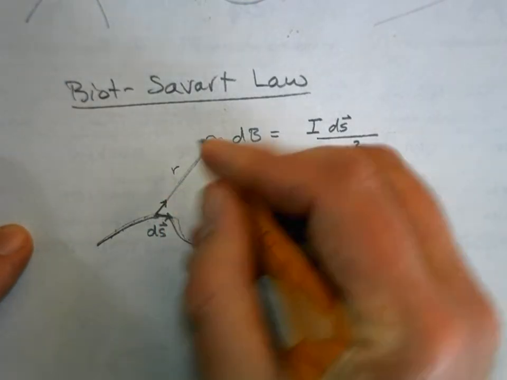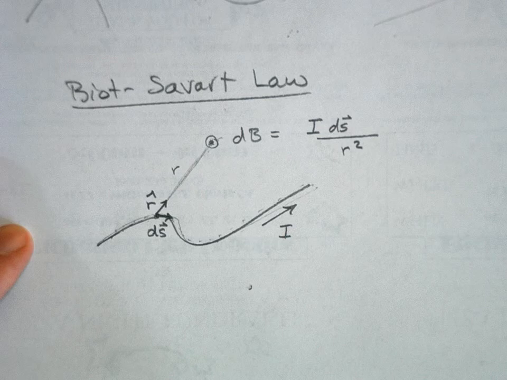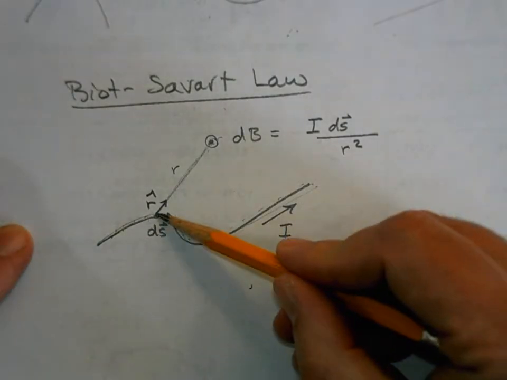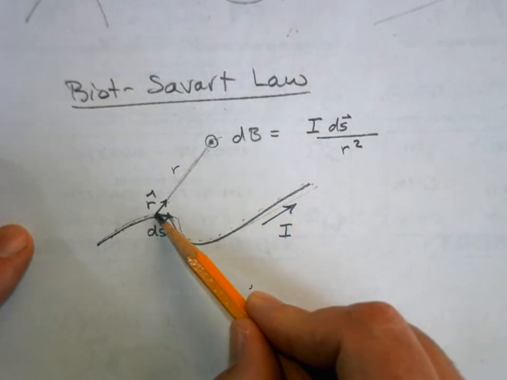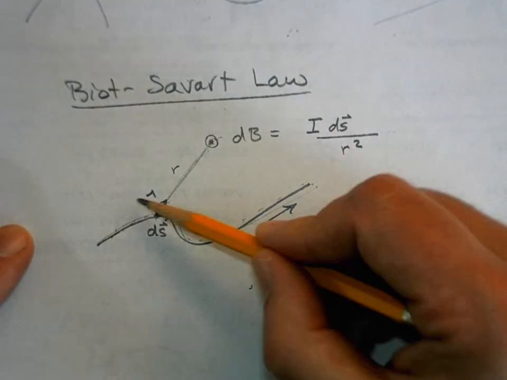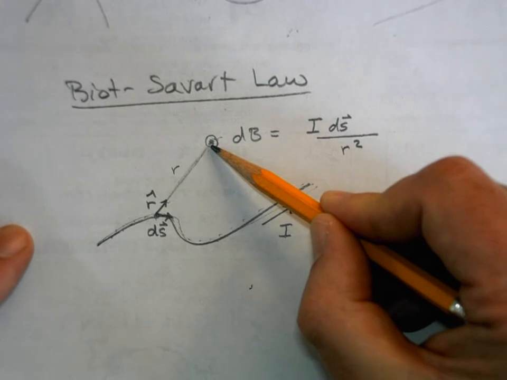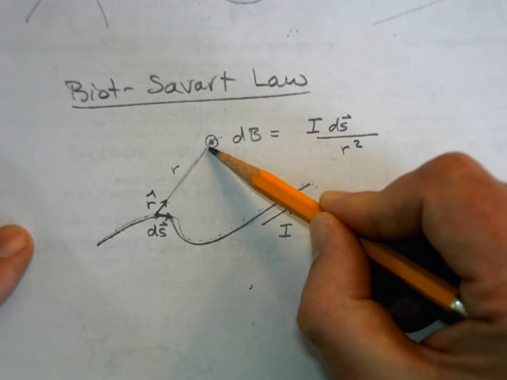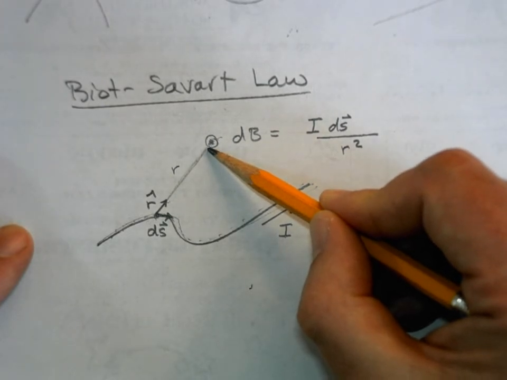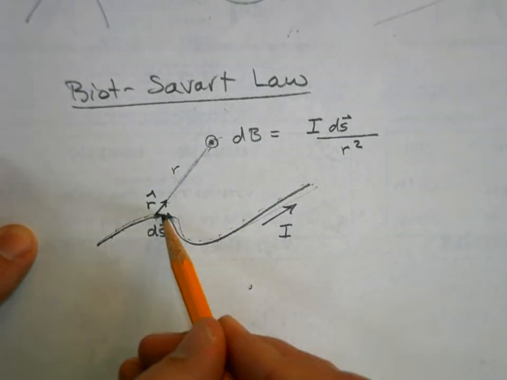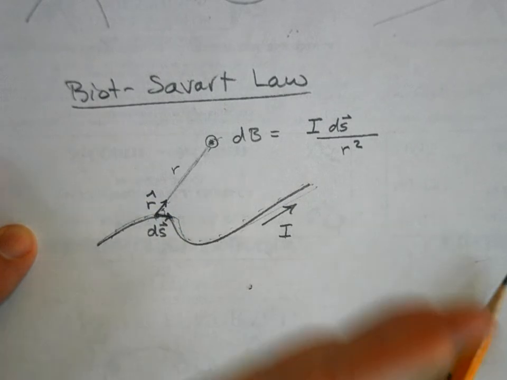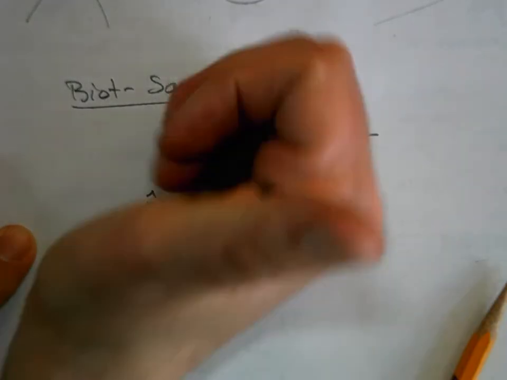Well, I'm going to call this r hat. This right here is a unit vector, and it just says the direction from where my current is to that location in space that I'm trying to measure the magnetic field for. If I take the cross product of ds crossed over to r, ds cross r, notice my thumb is coming out of the paper.